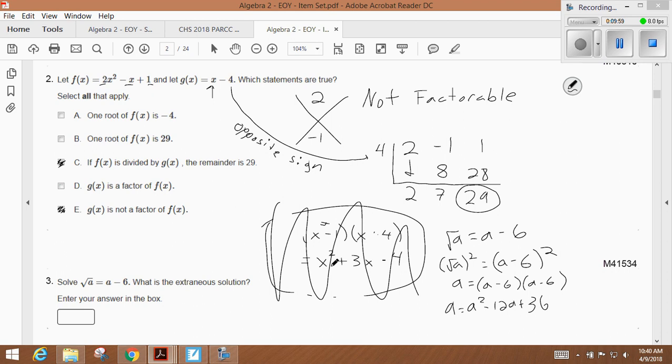So I'm going to subtract a from both sides. And I get that 0 is equal to a squared minus 13a plus 36. And I'm actually going to write that over here on the left.